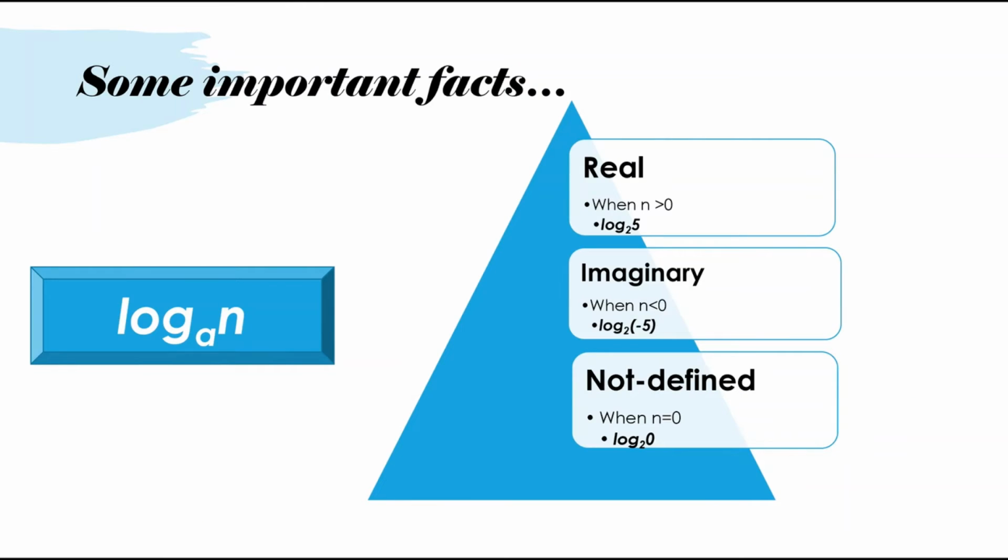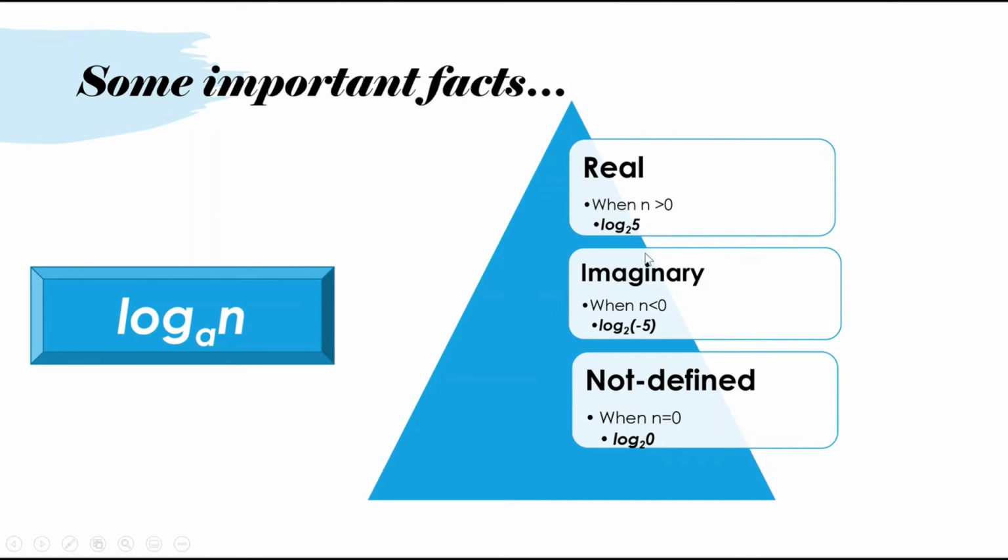And before that, I want you to understand some more important facts. So for example, if log of n with base a is the form given in your question, and n, that is the argument, is greater than 0, so n is greater than 0, that means the whole value will be real. Okay, so for example, log of 5 with base 2 will be real because 5 is the argument which is greater than 0.